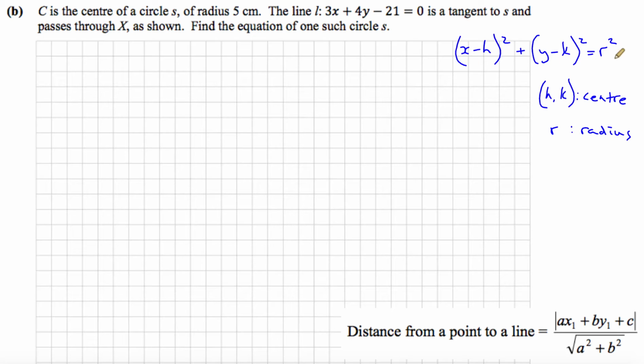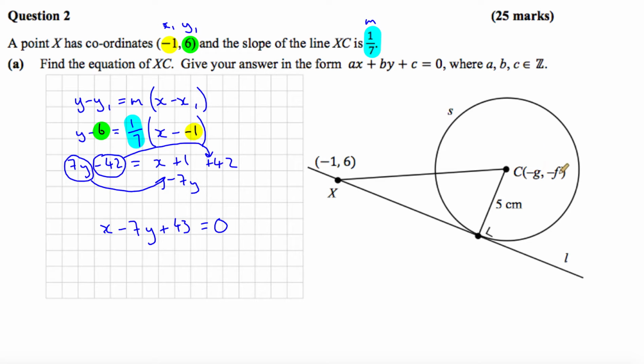So we already know the radius of our circle is going to be 5, so we're going to have 5 squared on the right, and we're just looking for h and k, the center. Now, they've named the center over here minus g and minus f. So we're looking for two unknowns here. So that would kind of indicate that there might be simultaneous equations involved if you've two unknowns.